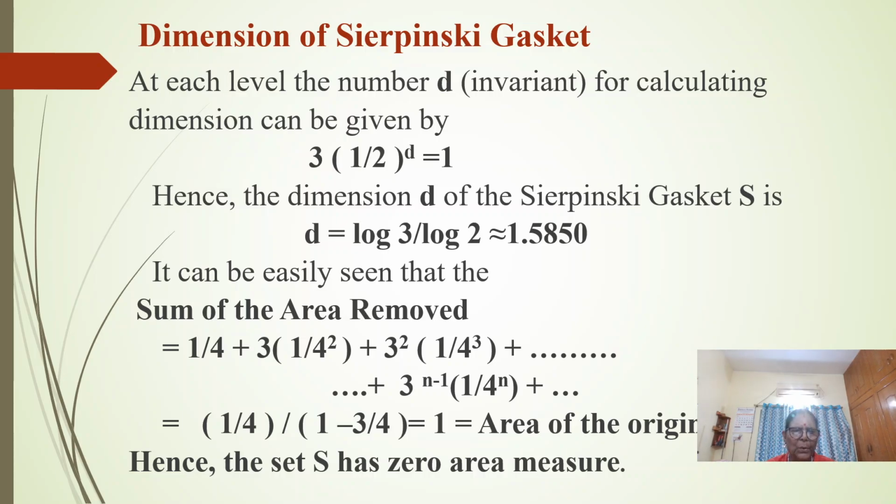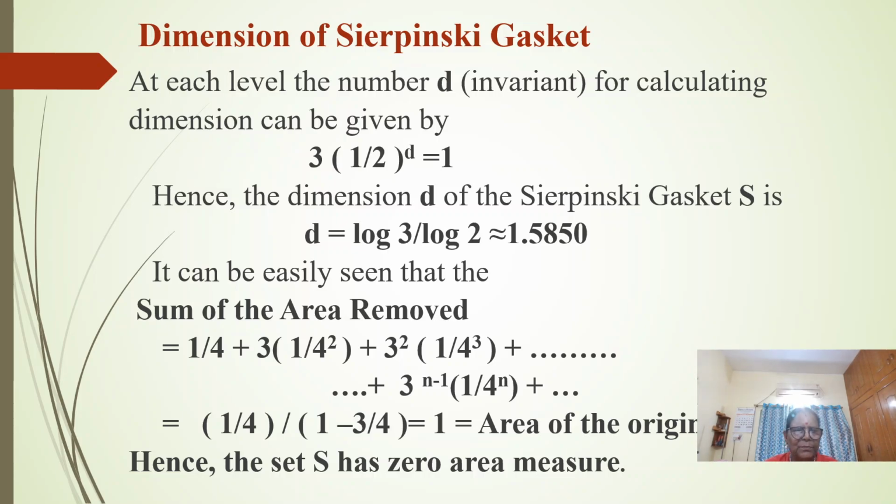We can also see that the sum of the area removed will be 1/4. In the next step, 3 × (1/4)². In the next step, we remove 3² × (1/4)³. Plus, on the nth step, we have 3^(n-1) × (1/4)^n.